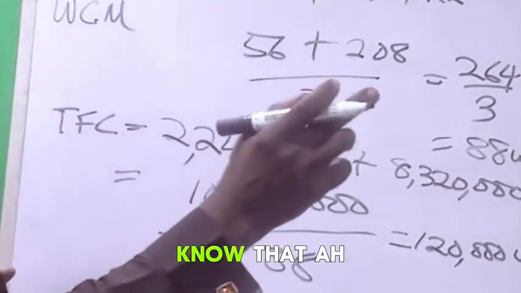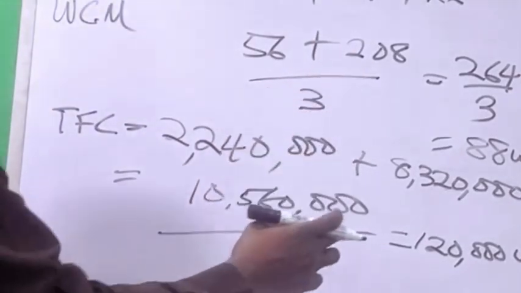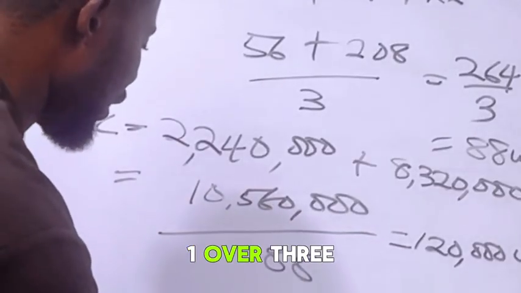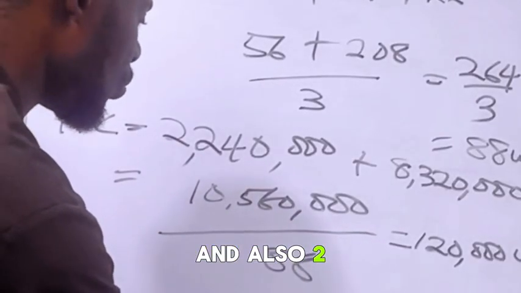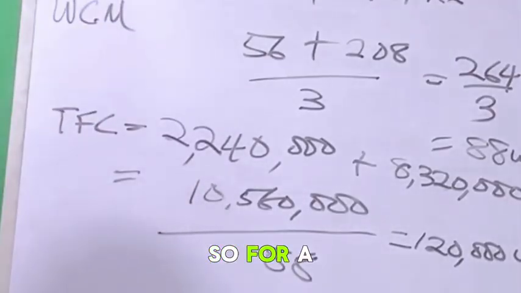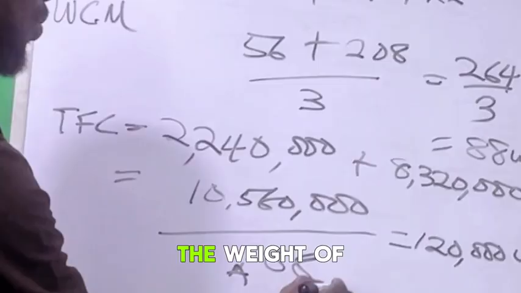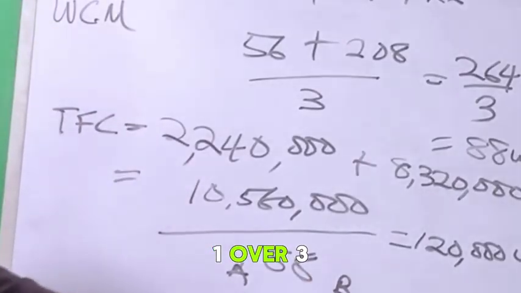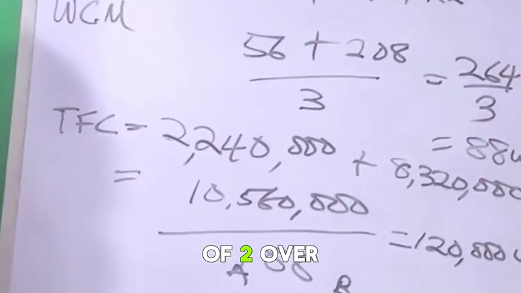Remember already we know that the ratio is 1/3 and also 2/3. So A has the weight of 1/3, whereas B has the weight of 2/3.